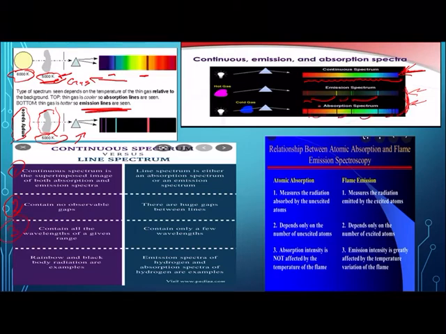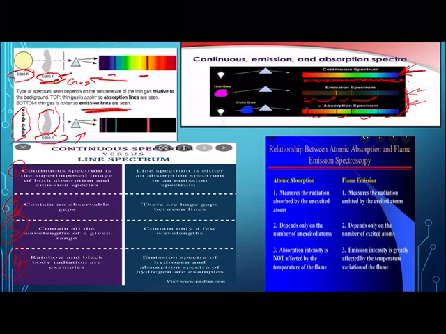A continuous spectrum contains all the wavelengths of a given range, like the visible light and the black body, while a line spectrum contains only a few wavelengths. For this line there is a wavelength, for this line there is a wavelength, while here it contains all the wavelengths of the visible light.